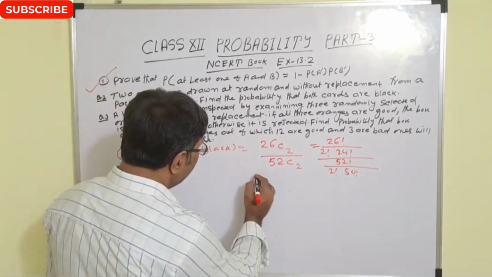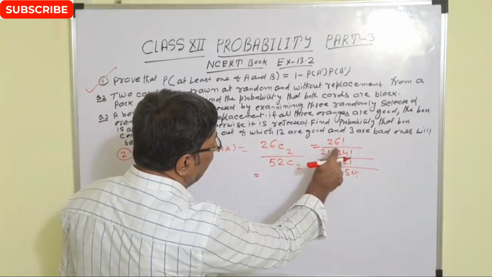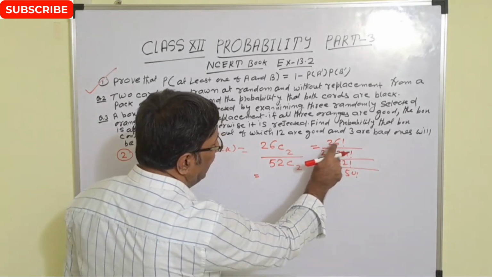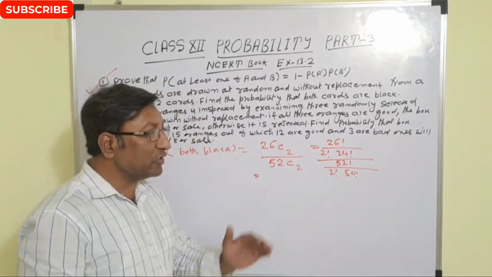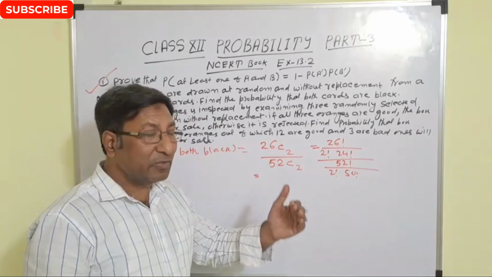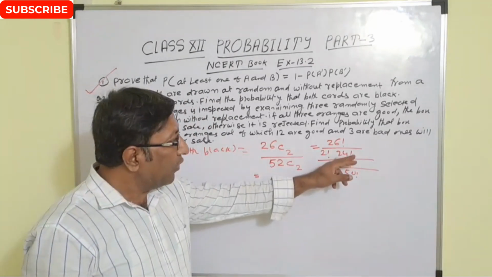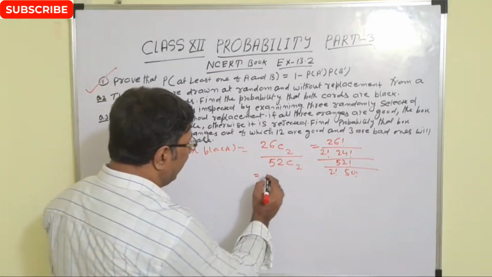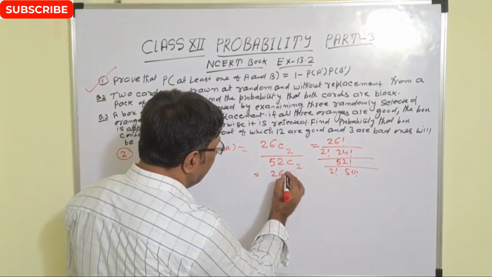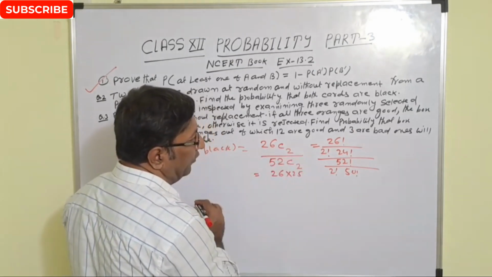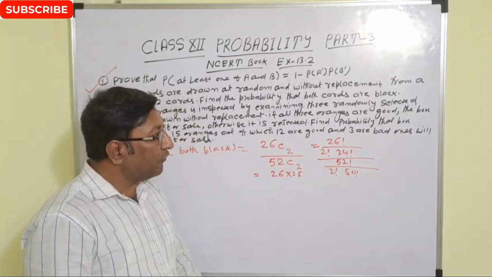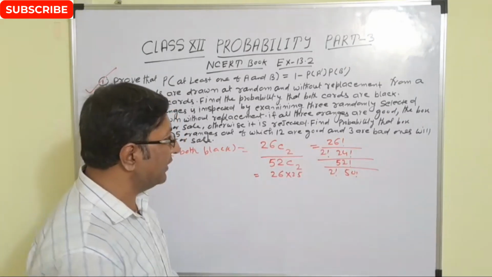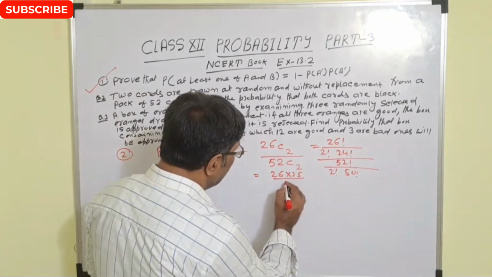Now we can solve this expression in a very simple way. See how. 26 factorial over 2 factorial into 24 factorial. When we break 26 factorial, we get 26, 25, 24 factorial. Here 24 factorial is already present, so it will be cancelled out. So you get 26 multiply 25, and now we have only 2 factorial.